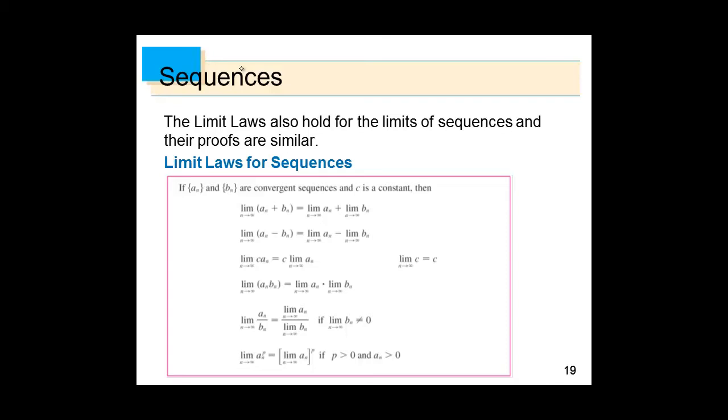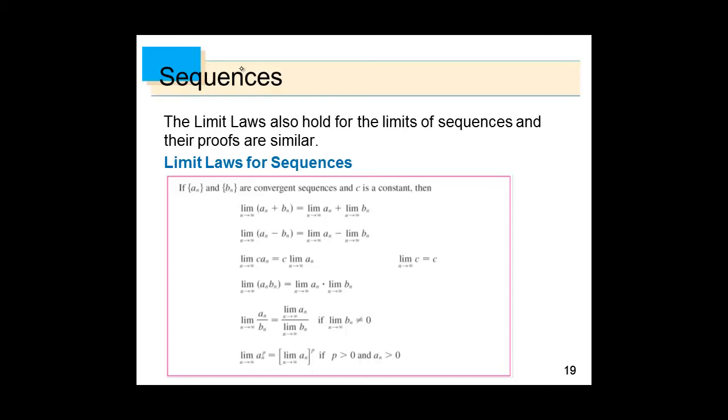However, for this to work, you have to make sure that the limit of b_n is not 0. Otherwise, you cannot divide by that. Everybody is clear on this rule? These are actually the same algebraic rules as you have seen in the case of functions defined on intervals in Calc 1, right?